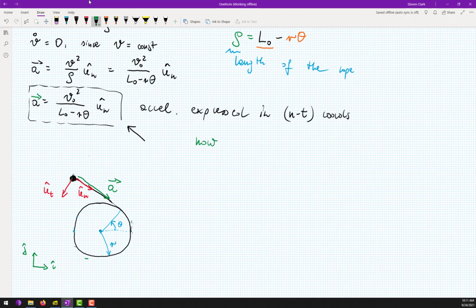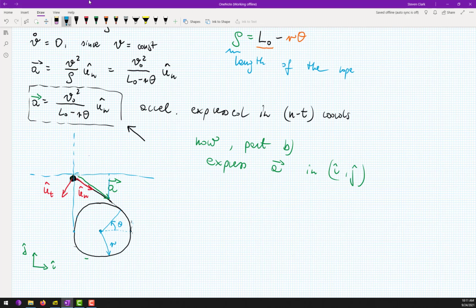Now, part B. Express A in i, j. Okay, so I believe that we should do some projections here, yes? Because we just have to project our A on these two directions, yes?